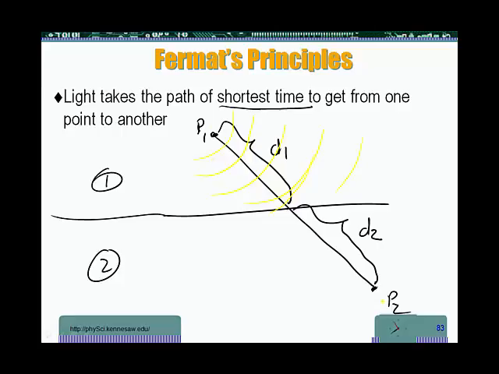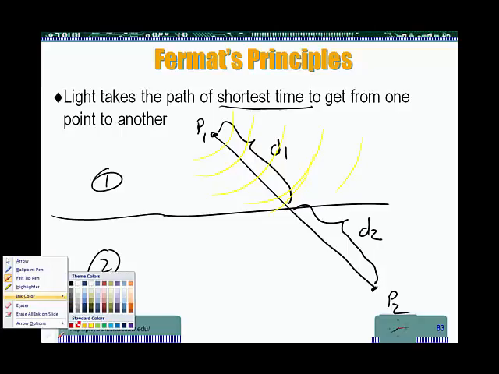To get from P1 to P2, the freeway is medium 1 here, if we are moving faster in medium 1. So we need to try to maximize D1 and minimize D2. And how do you do that?